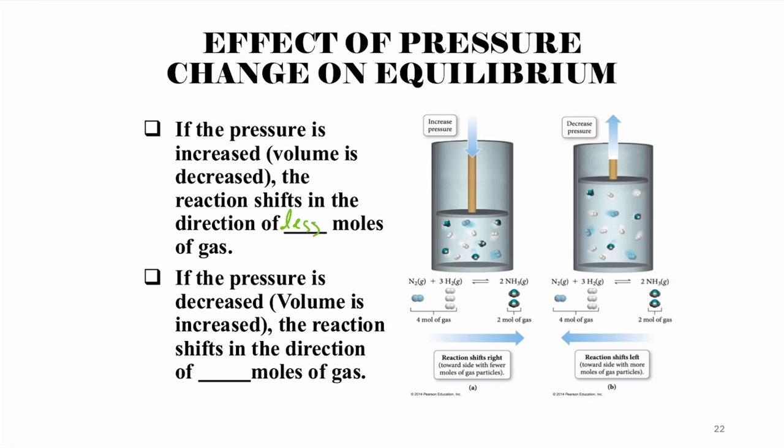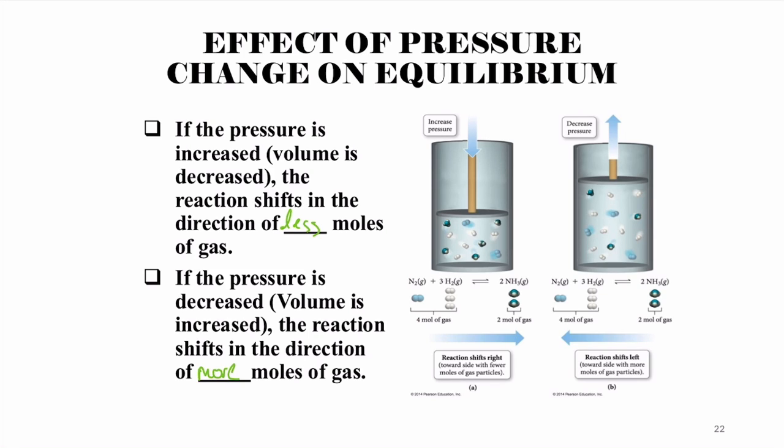And vice versa, if we reduce the pressure, we're going to shift to the side with more moles of gas. Right, so by changing the pressure, if we're increasing it, we're increasing the concentration of the side with more moles of gas more than the side with less moles of gas. So we shift the equilibrium, or we shift the reaction to counteract that change.